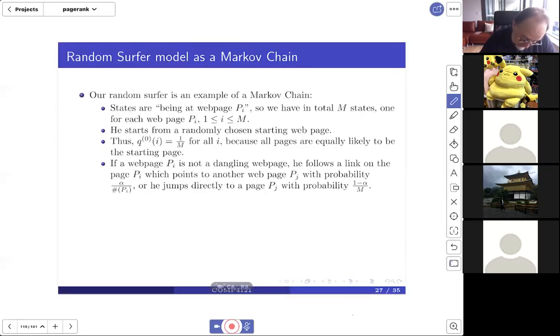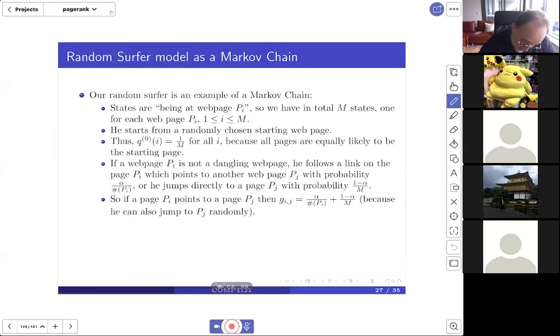The probability, as we know, if there is a link, is alpha divided by the number of outgoing links on Pi, plus the probability of a direct jump. So Gij is the probability of following the link plus the random jump if page Pi points to page Pj.